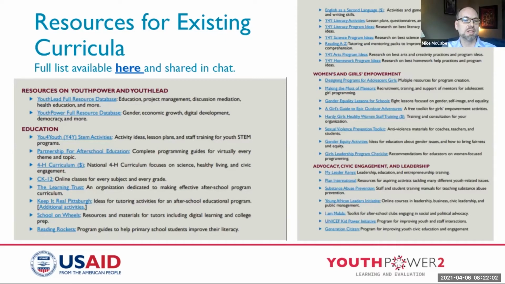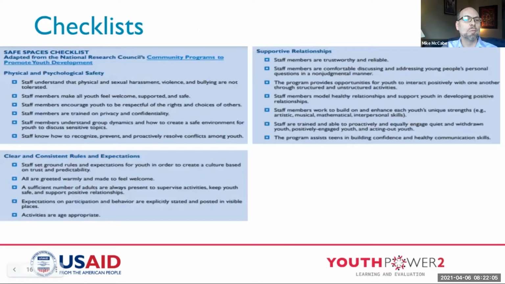Go down one more, please. It also has checklists on how you staff, checklists for common things that you would want to have in your center. So if you're putting together a budget because you want to create a center or a set of centers, you know, what do you need to know for that? Clear rules and expectations for how it's done. We also have checklists on the actual indicators that a number of them use.